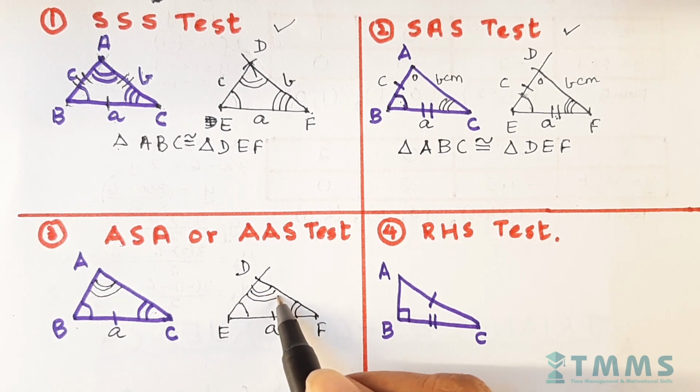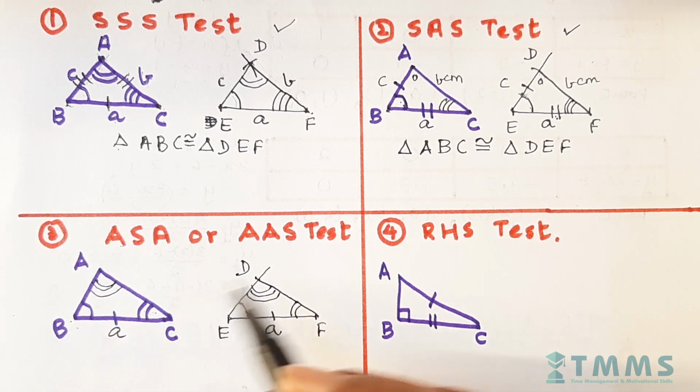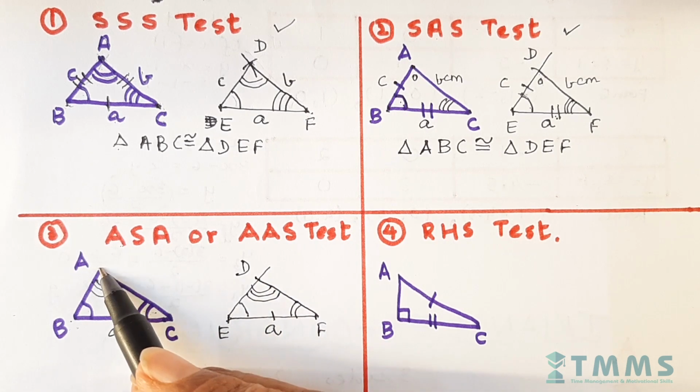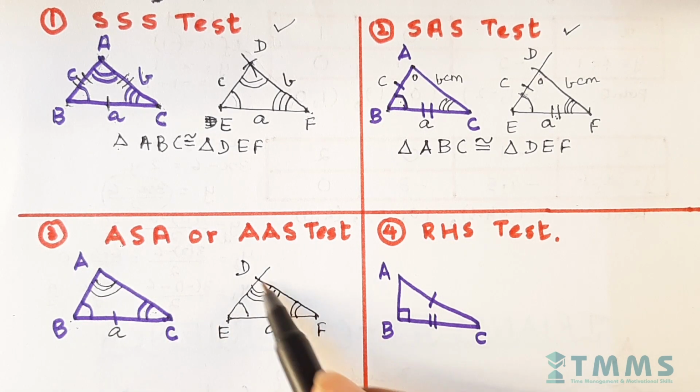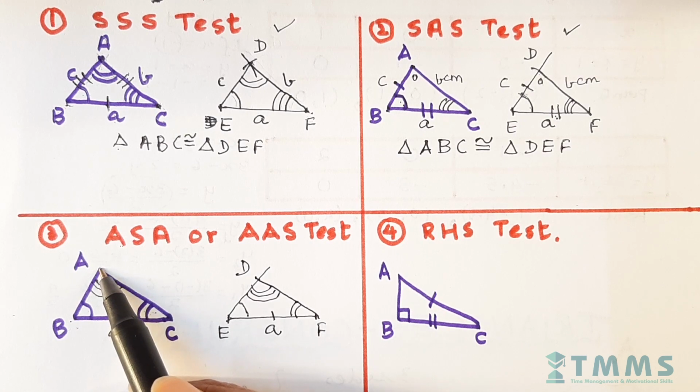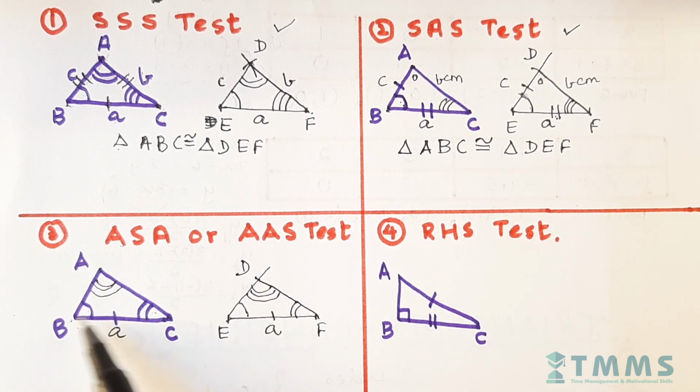Now if I look at the measure of AB, it will be the same as measure of DE, and AC also will be equal to DF. So if I cut out this triangle and keep it on top of that, exactly A and D will coincide, B and E will coincide, and C and F will coincide, which means the two triangles are congruent.